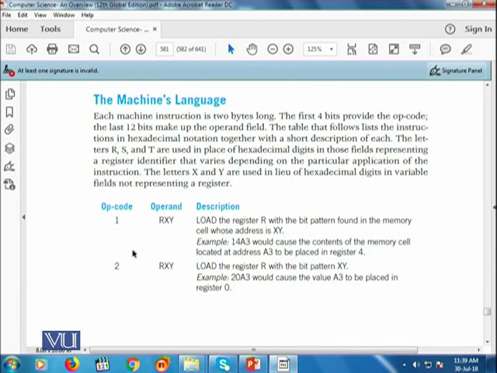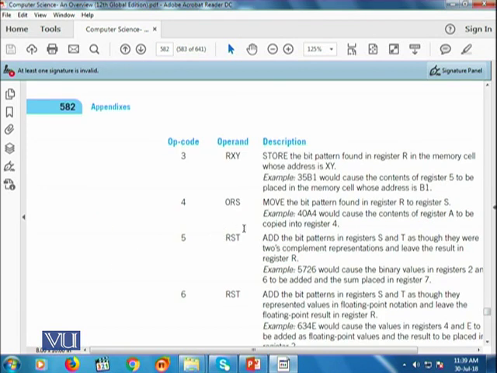In today's lecture, we will be using this instruction, and then we will be using the number 3 instruction, that is store. Whenever you see 3 at the start, that means store. Where to store?